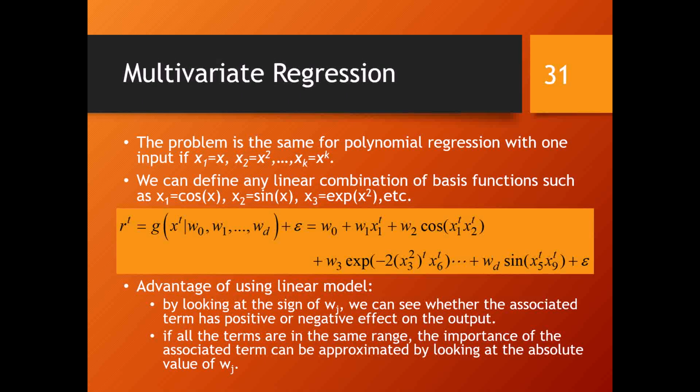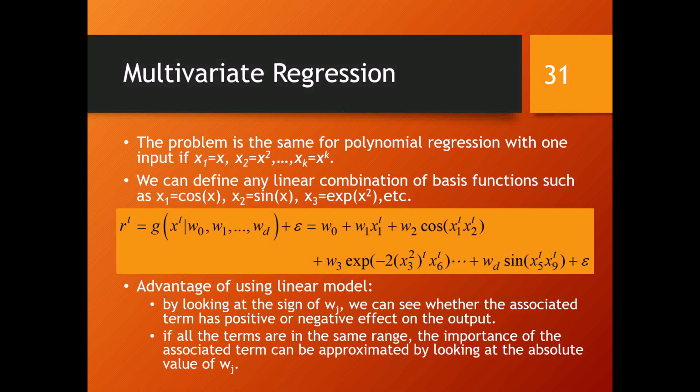You see, W0 plus W1 times x1t, W2 times cosine x1t times x2t, W3 times exponential minus 2 x3t squared. Sorry, this is not correct. x3t squared, okay? And x6, and sine this.